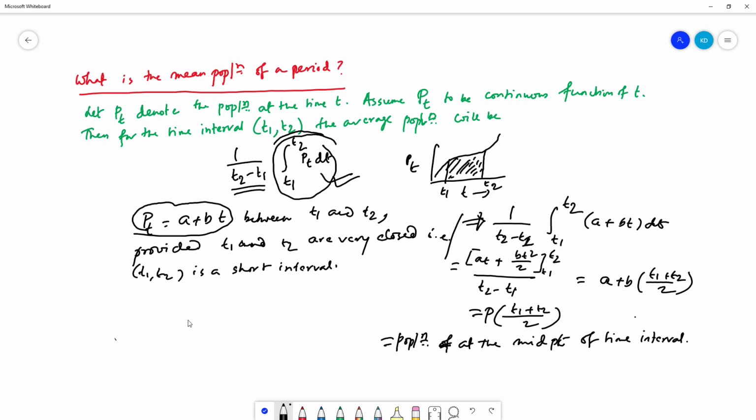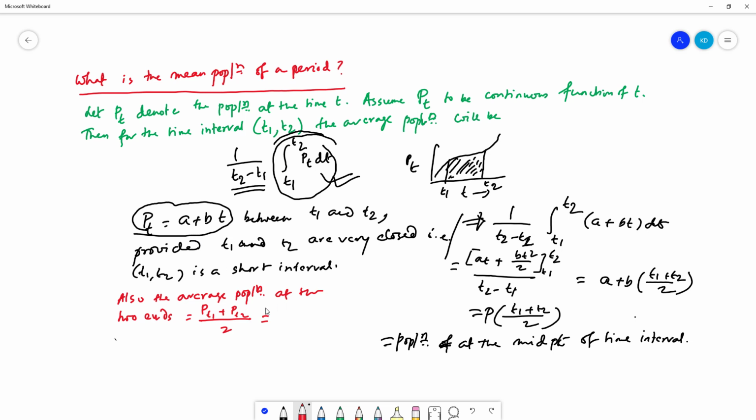Also, the average population at the two ends equals (P(t1) plus P(t2)) by 2.